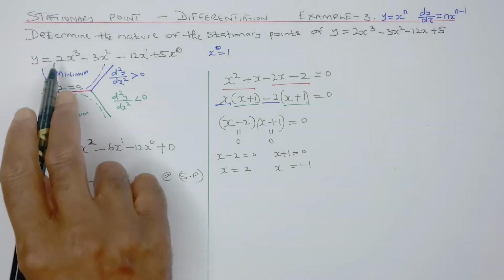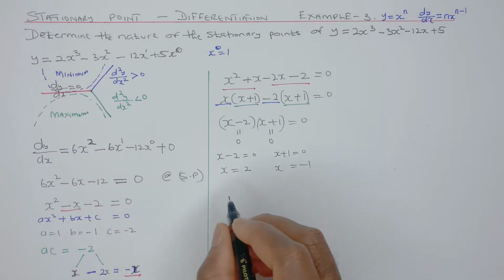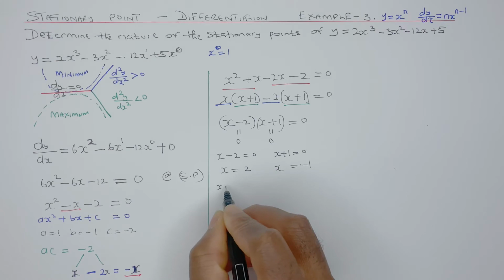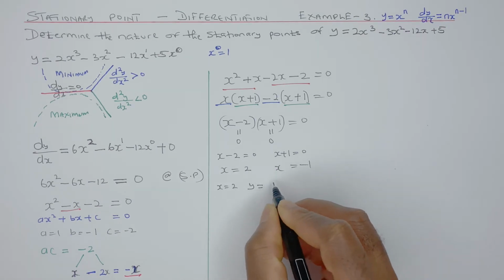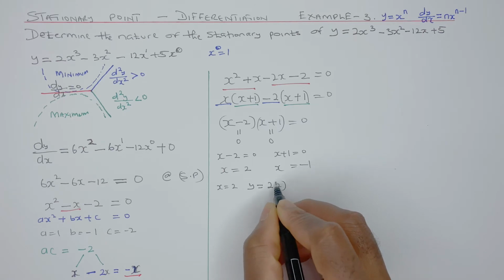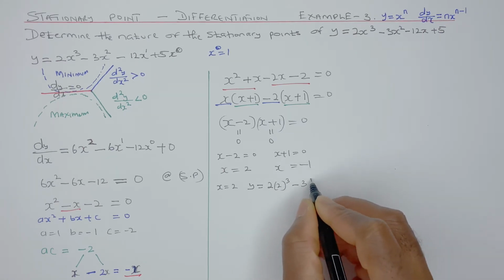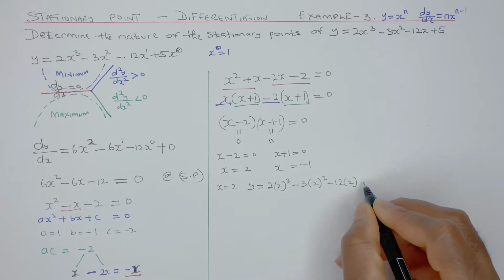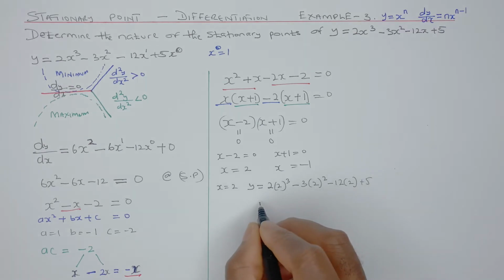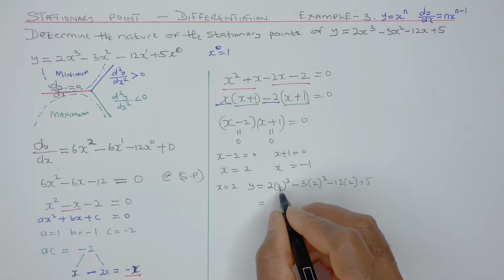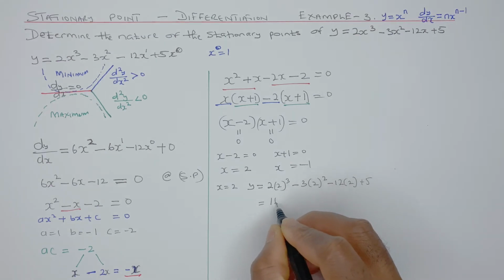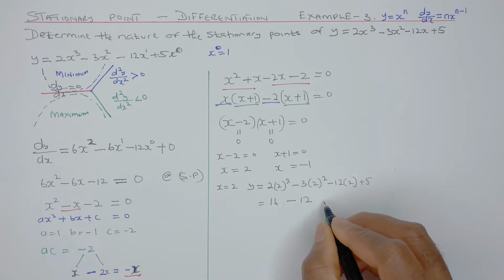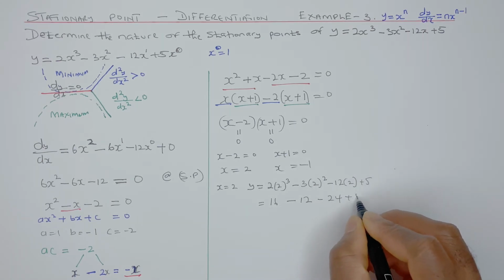We could plug in the value for x and find the value of y. When x is 2, we plug that value in there, and y will be equal to 2 cubed minus 3 times 2 squared minus 12 times 2 plus 5. 2 cubed is 8, 8 times 2 is 16, minus 2 squared is 4, times 3 is minus 12, minus 24, plus 5.